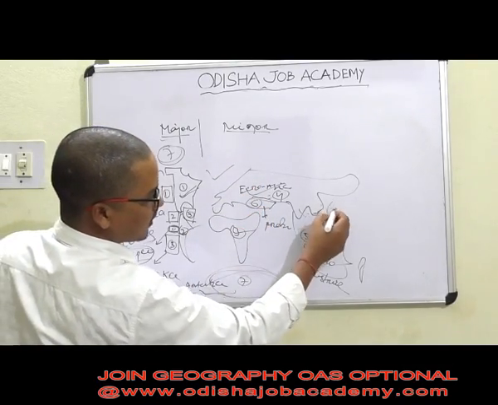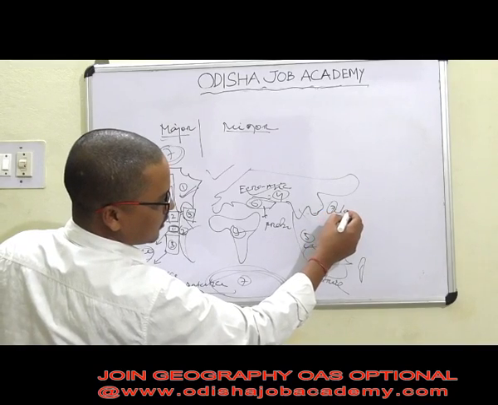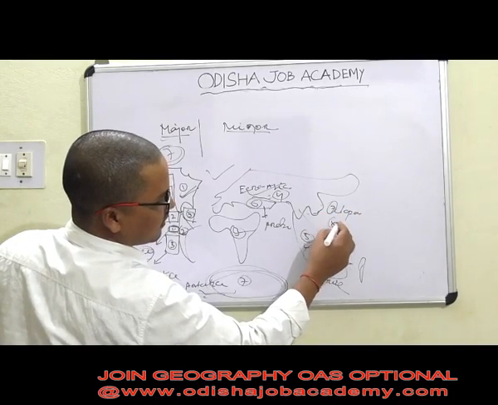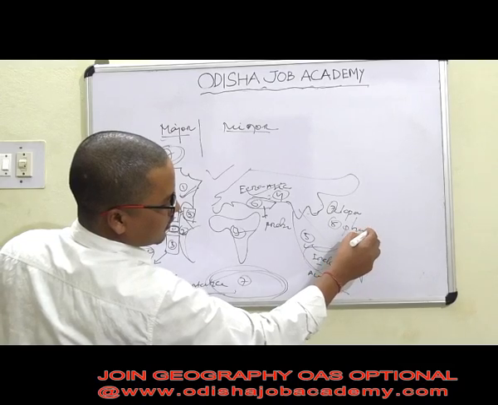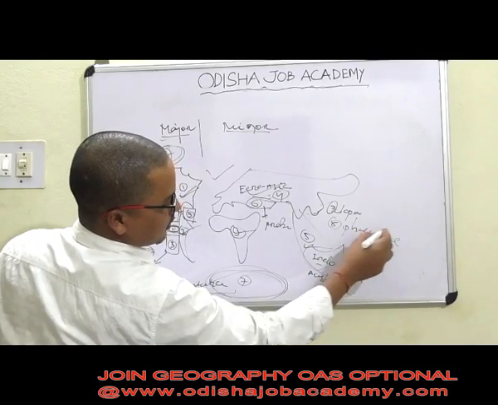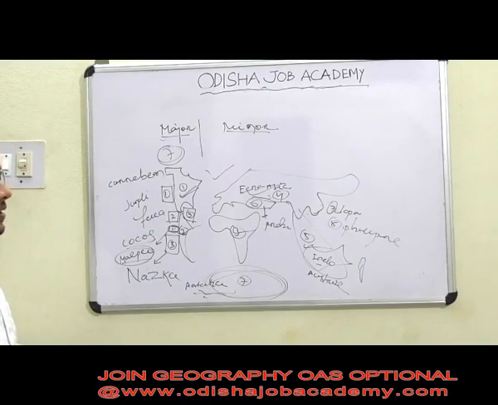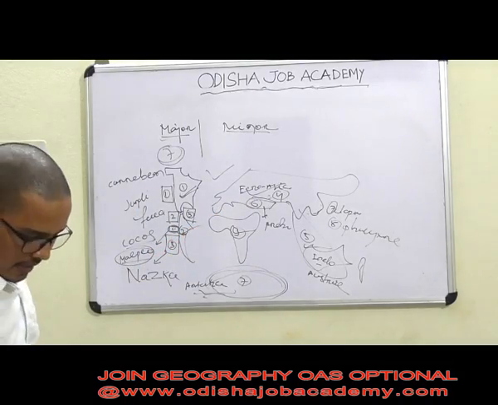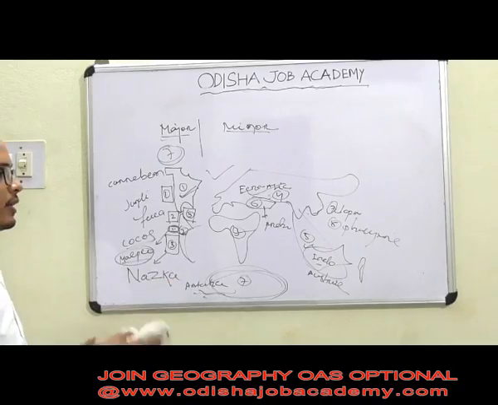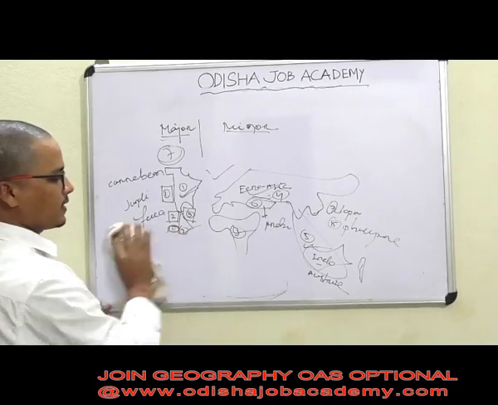Number 7 is Japan. Number 8 is the Philippines. So these are the minor plates. Now all the plates are finished. Any question related to the plates, you can answer like this.